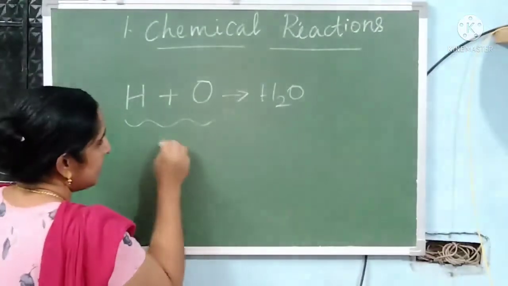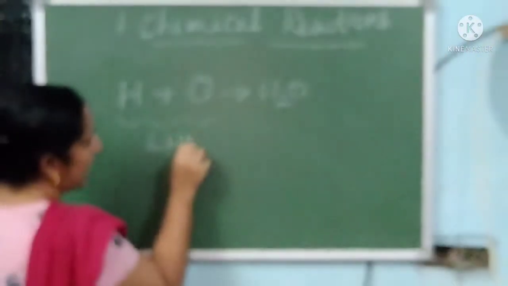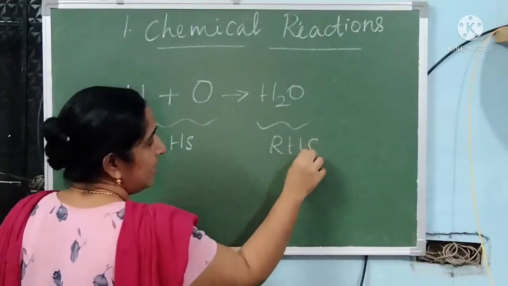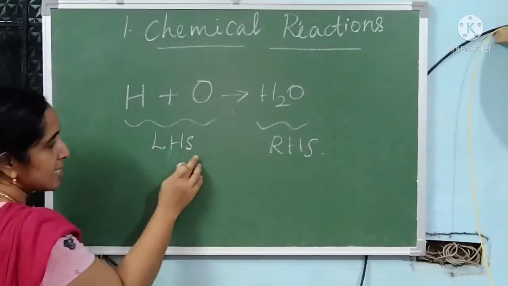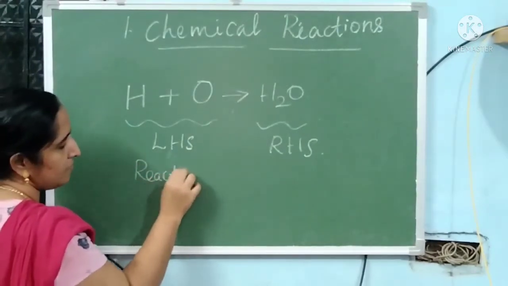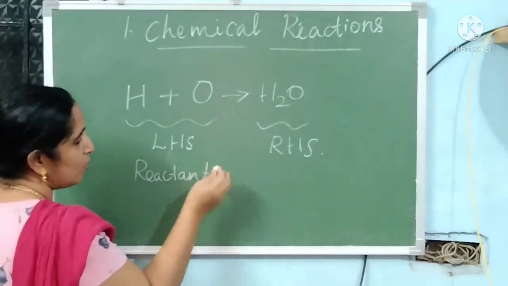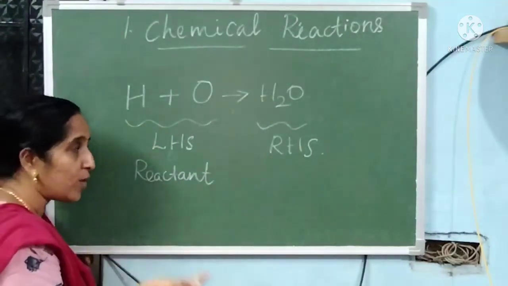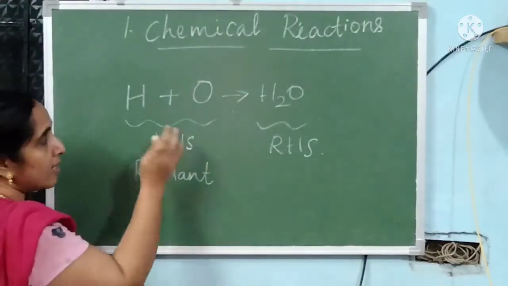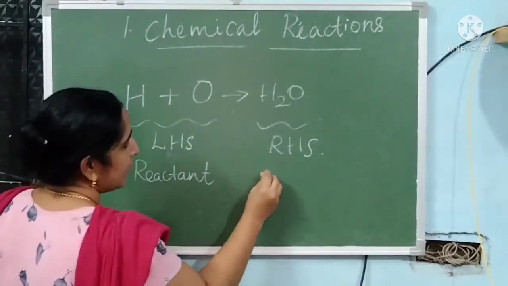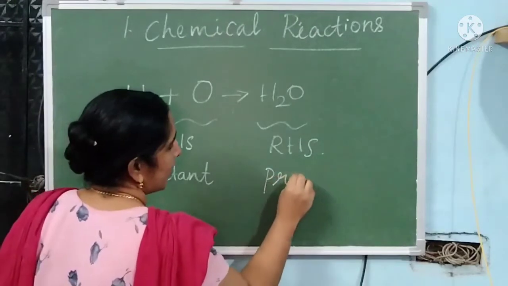There are two sides here, that is the LHS and the RHS, left hand side and right hand side. LHS belongs to reactant. The substances which are involved in a chemical reaction are called reactants, and the final goods are called products.